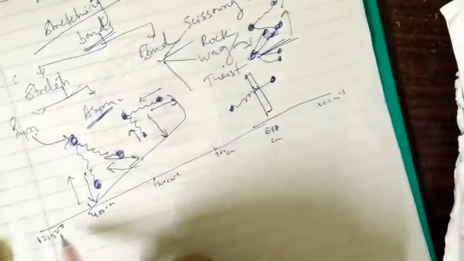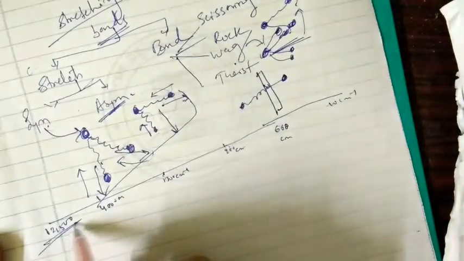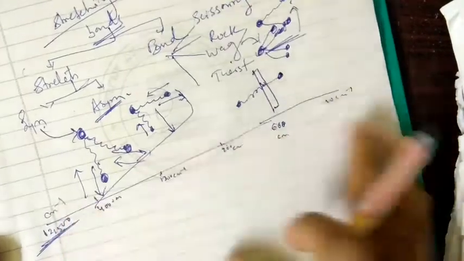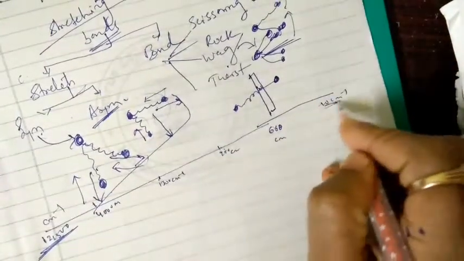That means it ranges from 12,500 per centimeter to 10 per centimeter.